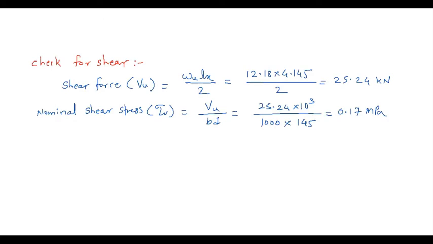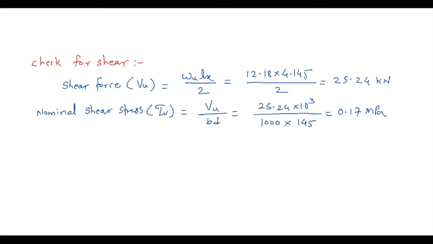But tau c, the minimum value of tau c. Now if you check the table number 19 in the IS code, you will get the minimum value.